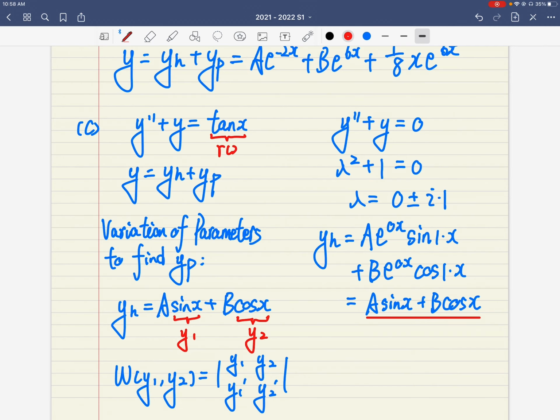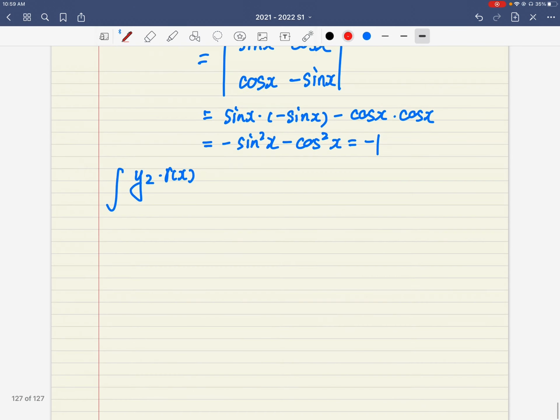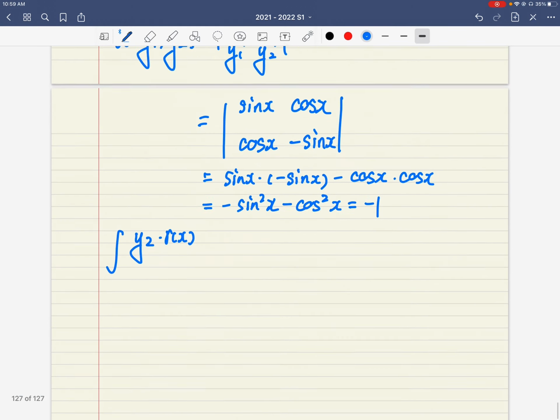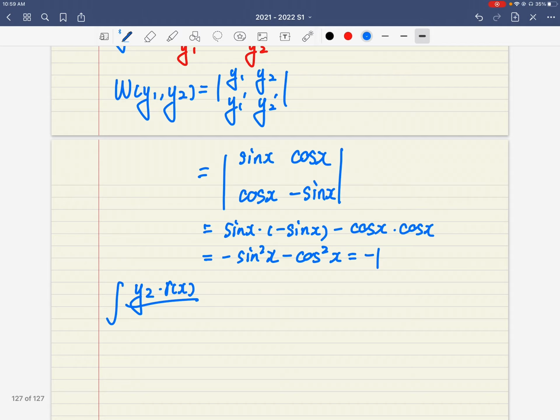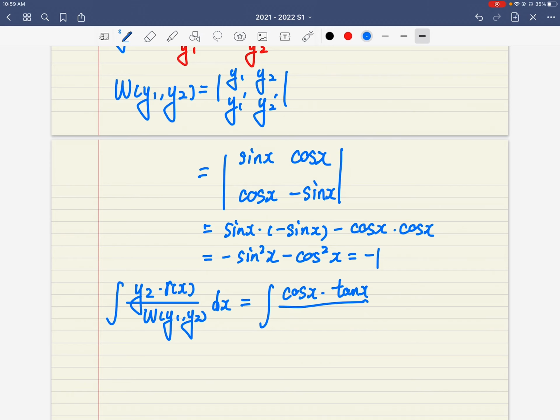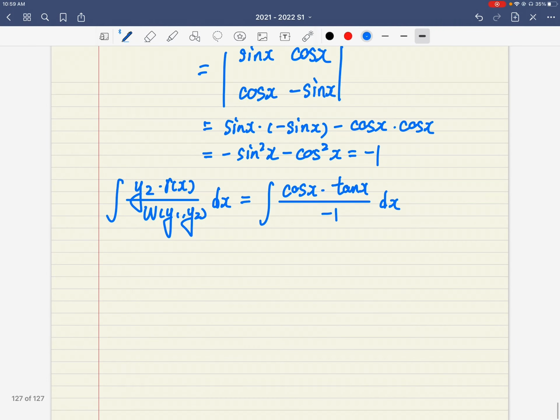So we have tangent x over the W we just got, W(y1, y2), dx. y2 is cosine, and r(x) is tangent over negative 1.